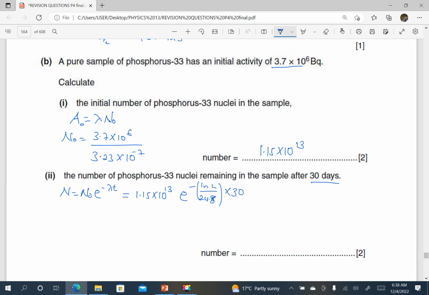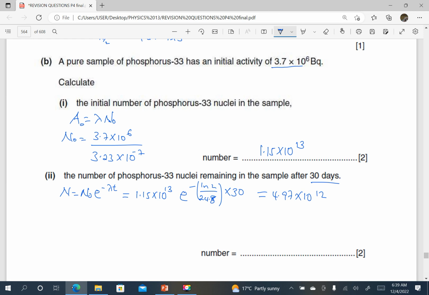So I will press my calculator here. This is giving me 4.97 times 10 power 12.